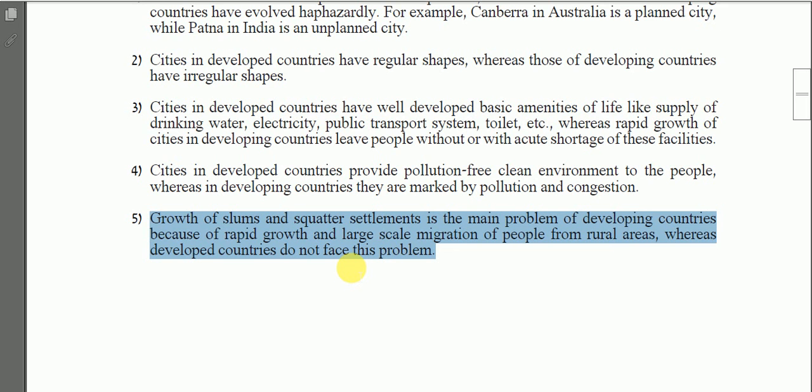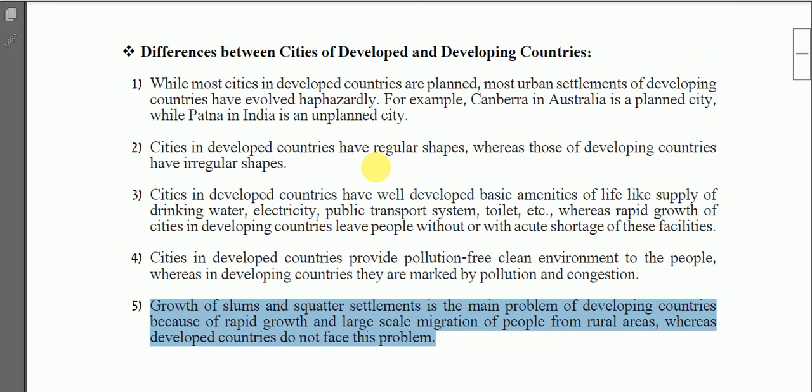In developed countries, this problem of slums is not there. So these are the main differences between the cities of developed and developing countries of the world.